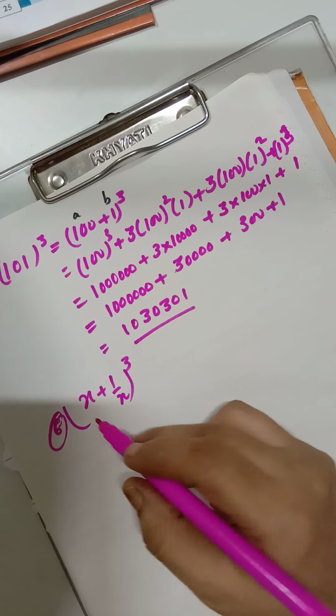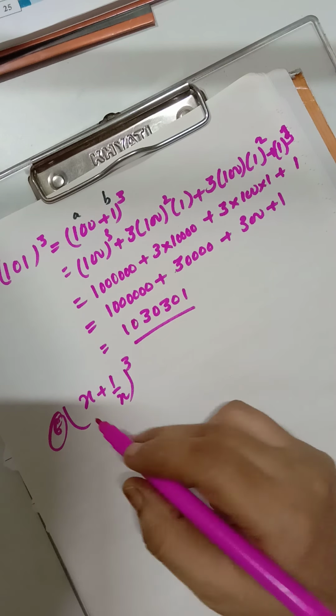Now see here, same a cube, so it will be x the whole cube plus 3 a square, that means x square, into b, that is 1 upon x, plus 3 into a, which is x, into b square, that means 1 upon x the whole square, plus 1 upon x the whole cube.